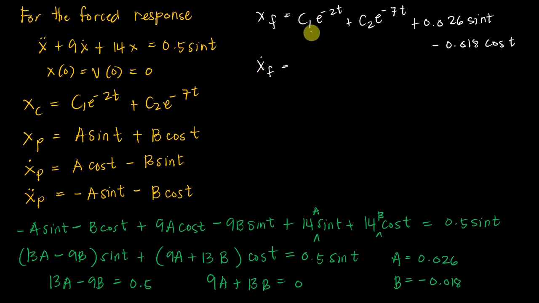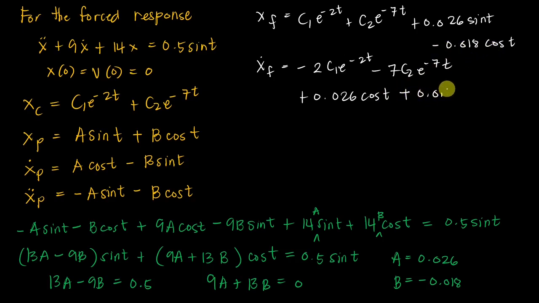The first derivative is negative 2 C1 e raised to negative 2t minus 7 C2 e raised to negative 7t, plus 0.026 cosine t, and since the derivative of cosine is minus sine, minus minus becomes plus 0.018 sine t.